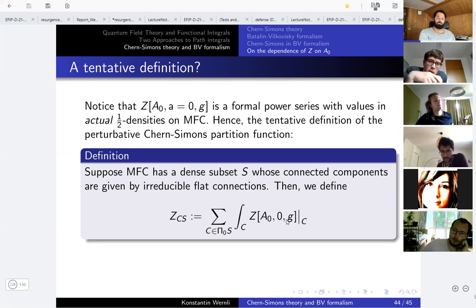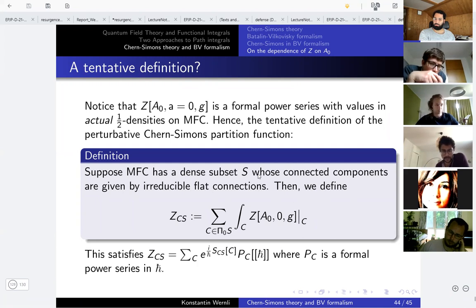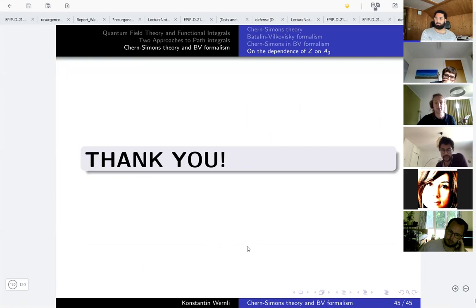It's a half density, but if you restrict it to this thing, it's a density actually, so you can integrate it. And that is our guess for the perturbative partition function that should be compared with asymptotics of Reshetikhin-Turaev. And okay, it has the correct look. And I'll stop here because I'm way over time. So thanks.